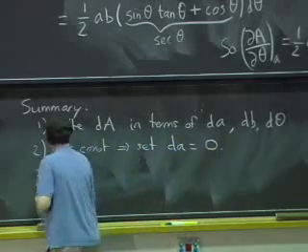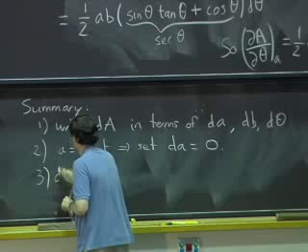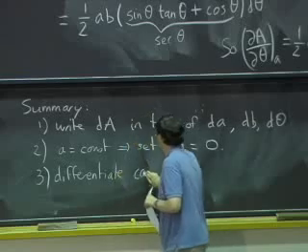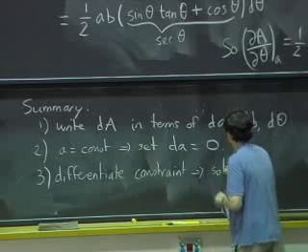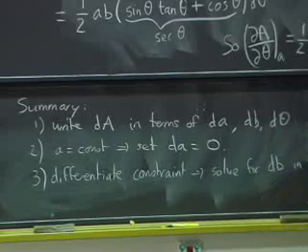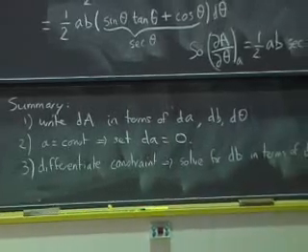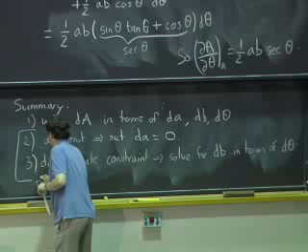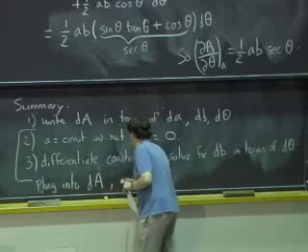And the third thing is that we differentiate the constraint, and we can solve for dB in terms of d theta. And then we plug into dA, and we get the answer.